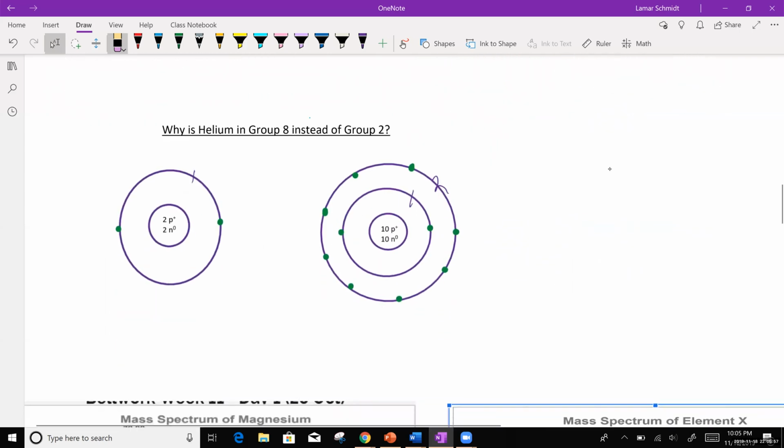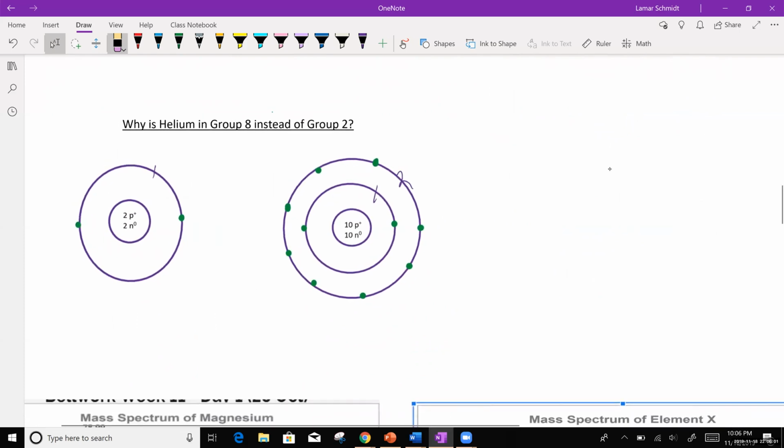Okay, and then I have another question here. Why is helium in group 8 instead of group 2? So you're going to choose the choices for this one. They will be listed in the Edpuzzle quiz.